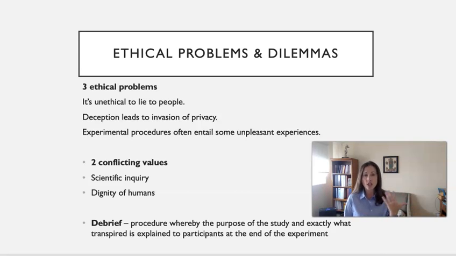Is the good you're going to get from this research more than the harm you are potentially doing to your participants? And let's be honest, a lot of times researchers aren't so awesome at deciding that for themselves. And so that's a huge reason why you have IRBs in schools for people who are going to be doing research.